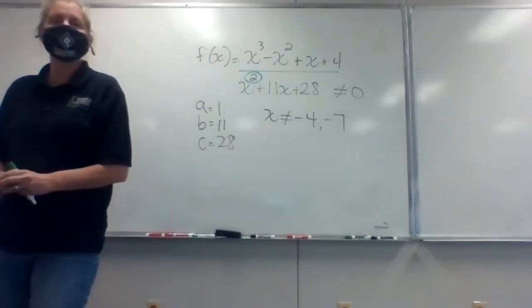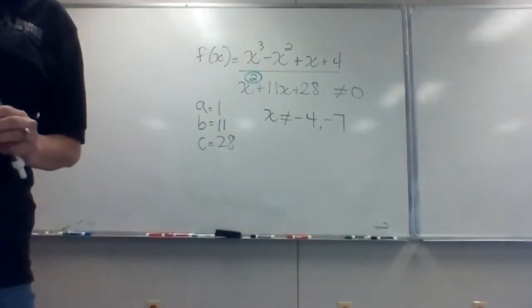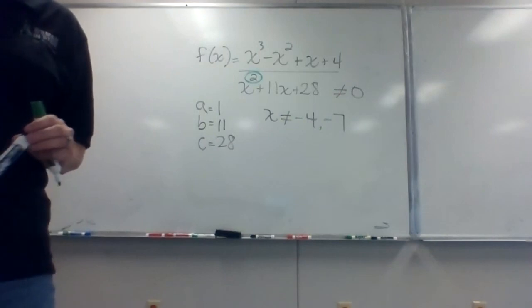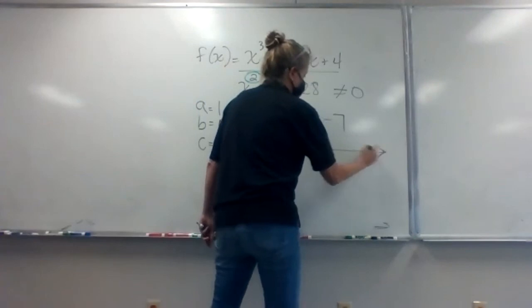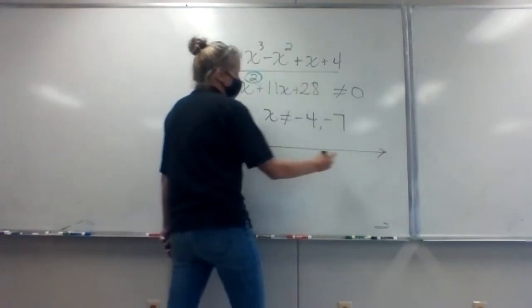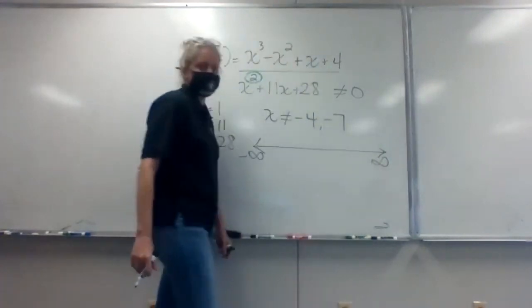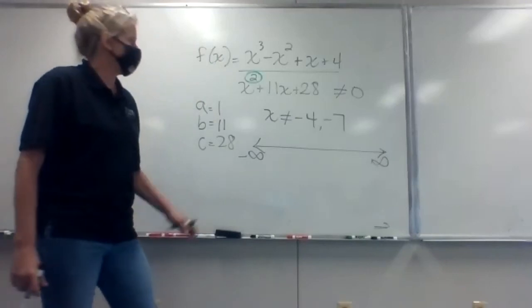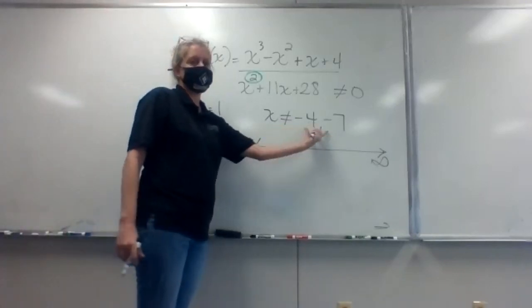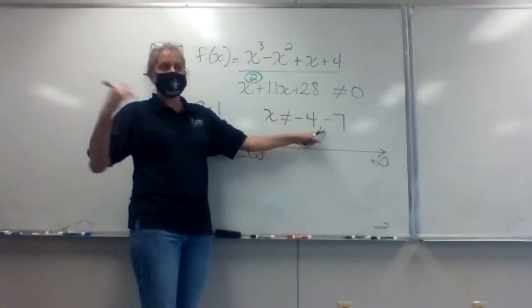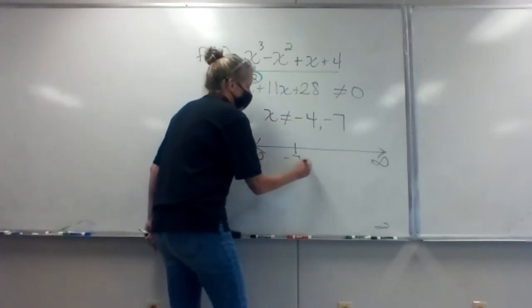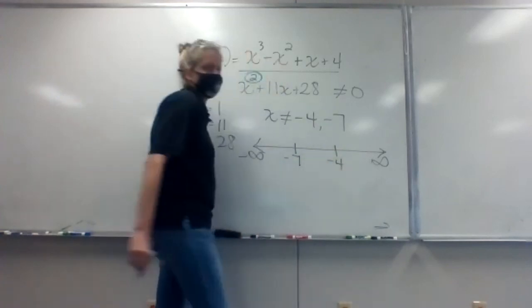Again, when you're doing set builder notation, it doesn't matter which of those numbers come first, but think about this, when you're on the number line, and you're at negative infinity, and you're traveling to positive infinity, who are you going to come up to first from the negative side? -7, right? It's more negative, which means it's less. So the -7 comes first, and then the -4.